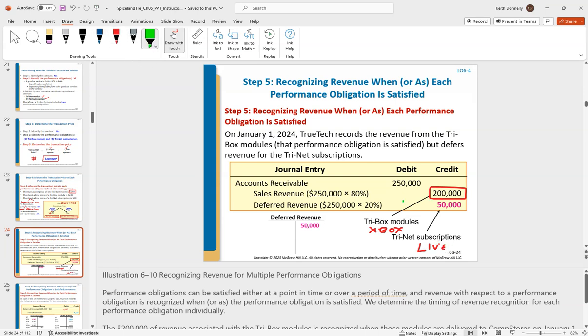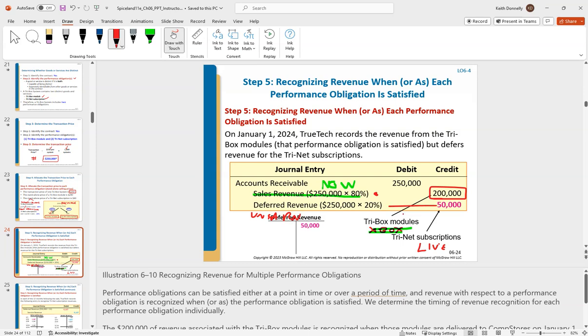With the Xbox, we'll recognize the revenue now, at a point in time. Here's the Xbox. And for the Live, that's unearned as of right now.